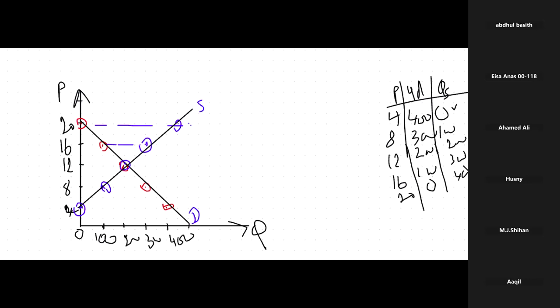And you can see that the demand and supply curves cut at a particular point. So you can see there is a price and a quantity. This is the quantity and this is the price.